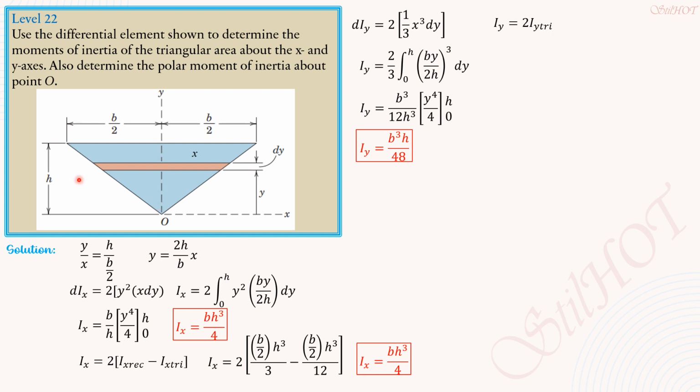If we imagine that h is the base and the height is b over 2 perpendicular to the y-axis, then it is h times b over 2 cubed over 12, then times 2. So if we simplify this, that gives us b cubed h over 48 also.